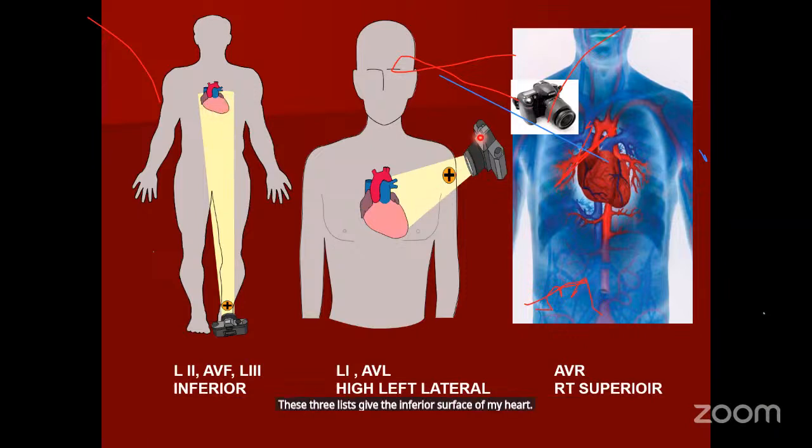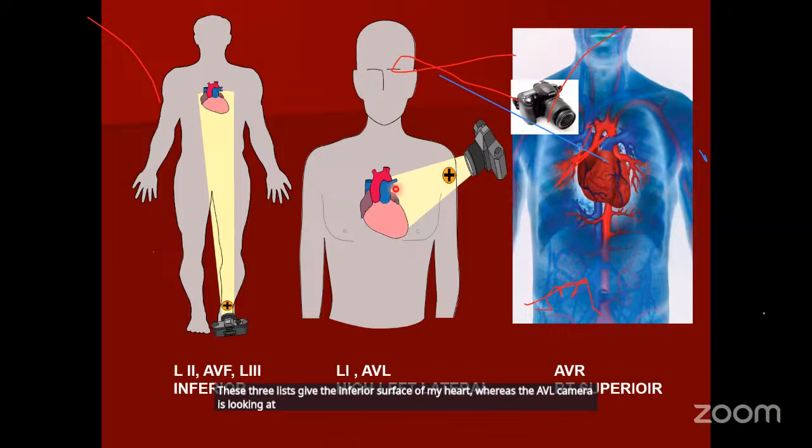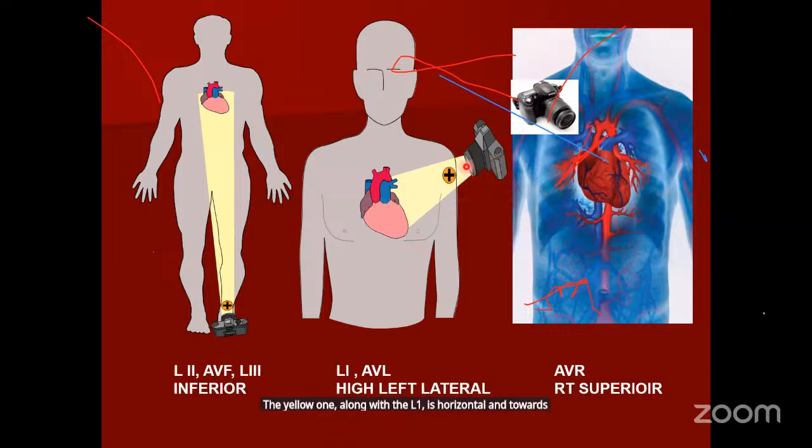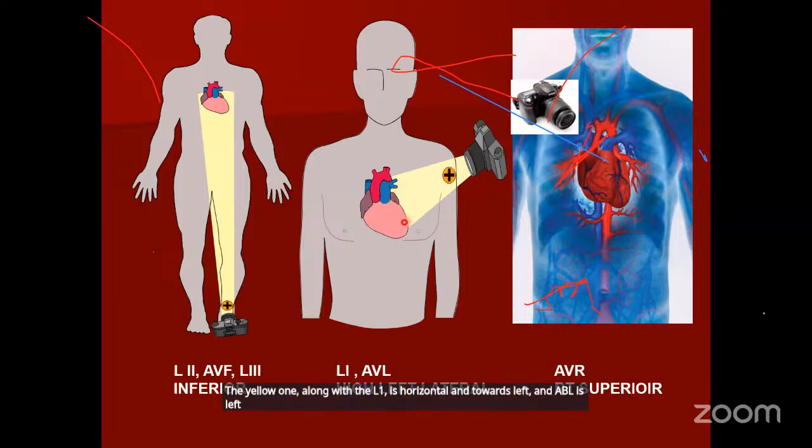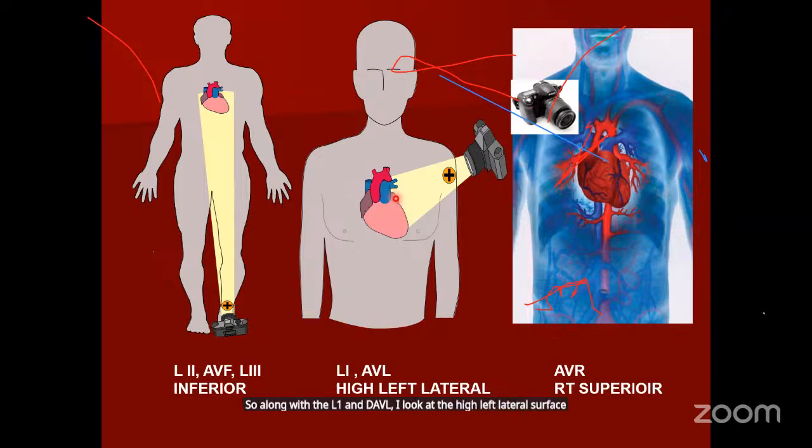Whereas the AVL camera is looking at my left: lead 1 is horizontal and towards left, and AVL is left and superior. So along with lead 1 and AVL, I look at the high left lateral surface of my heart, whereas with AVR I am looking at the right superior surface. So I have seen the inferior surface, the left superior surface, and the right superior surface.